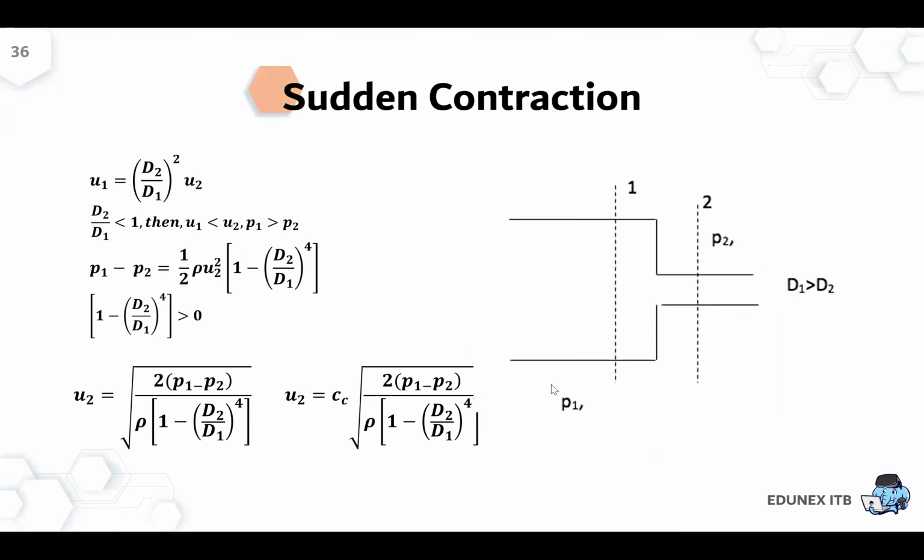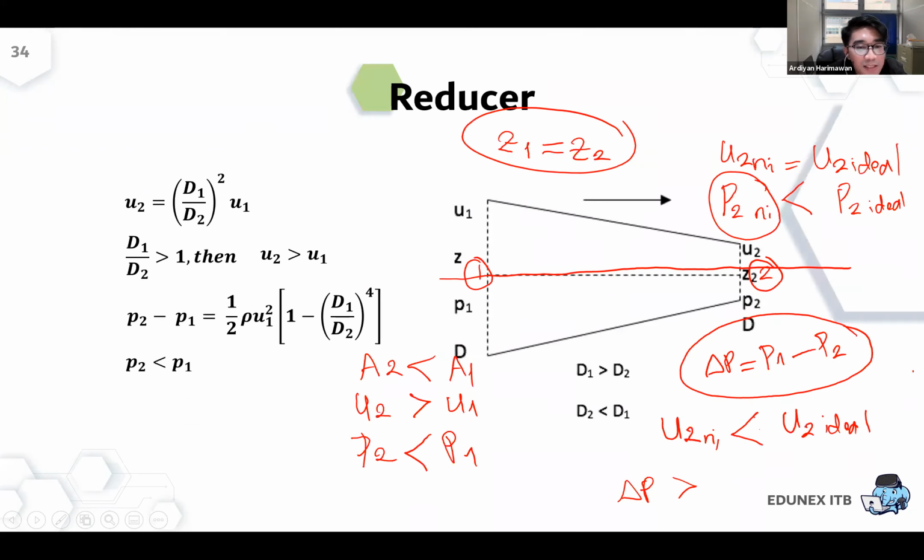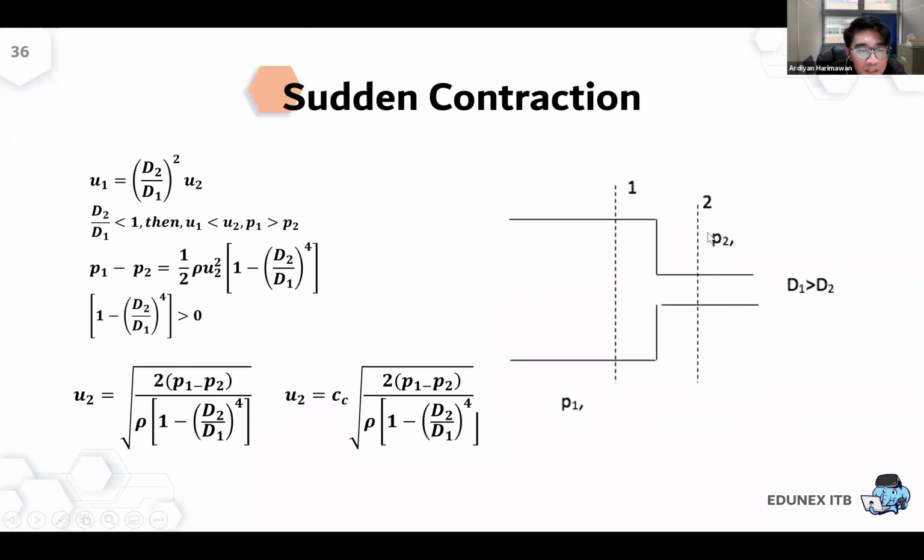Okay. The other type is sudden contraction. Sudden contraction is the opposite of sudden enlargement, and the basic schematic is similar to a reducer, from a bigger diameter to a smaller diameter. So the phenomenon is the same as the reducer: Z1 is the same as Z2, right?